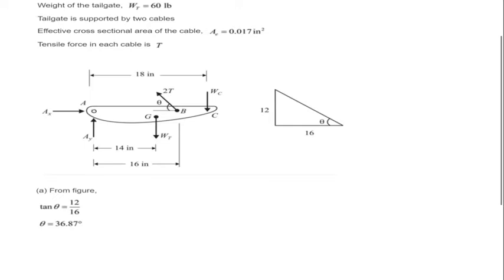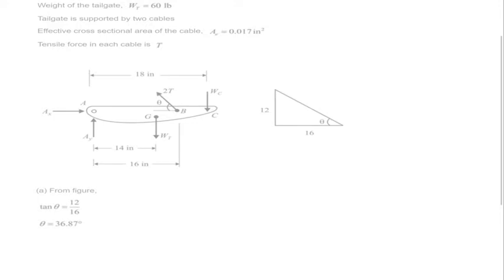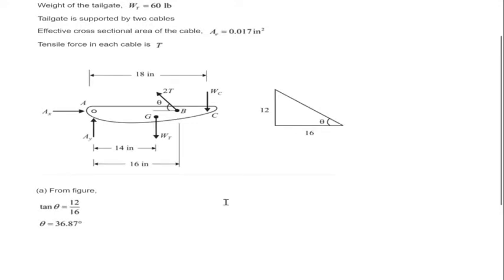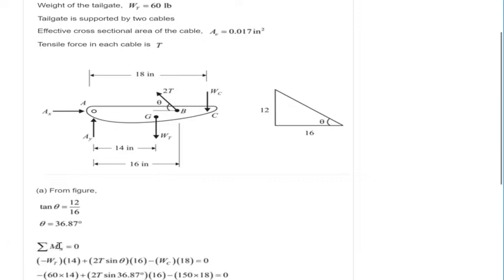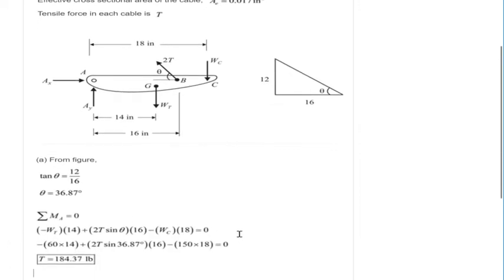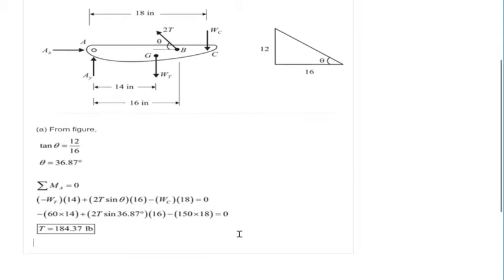So we will have the following. Perfect. Why is it negative? Because it's going clockwise.